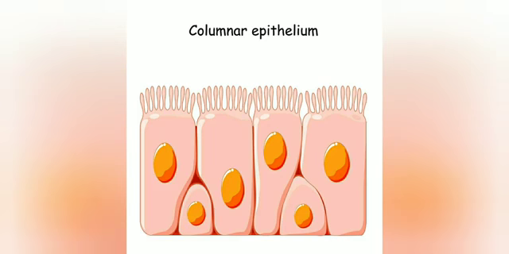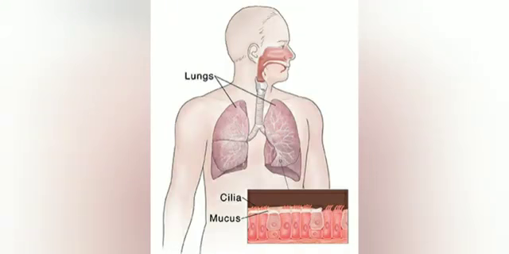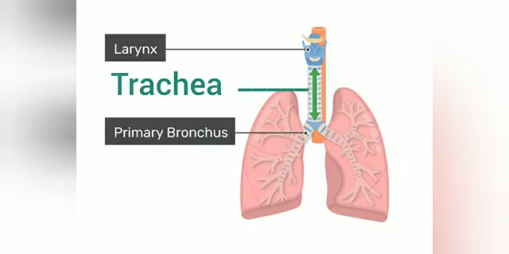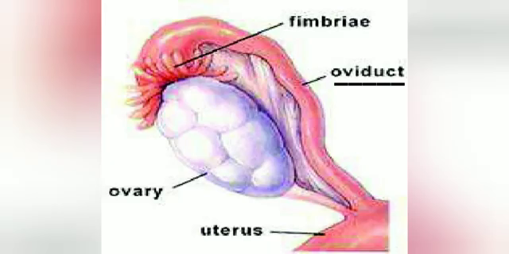Free ends show hair-like cilia. Nucleus is oval in shape and is placed at basal end of cell. It is found in nasal cavity, trachea, oviduct, etc.